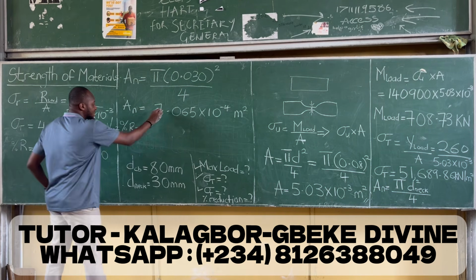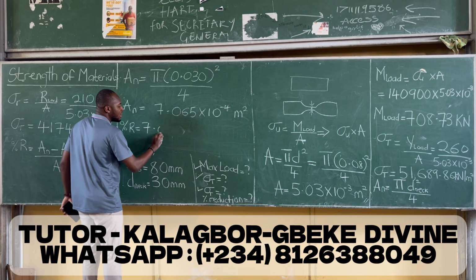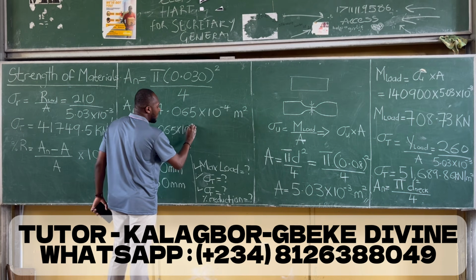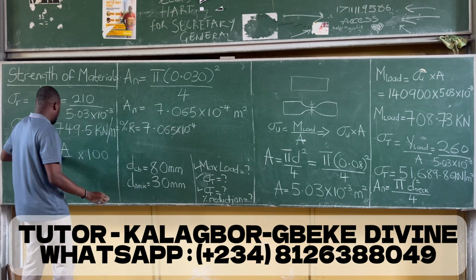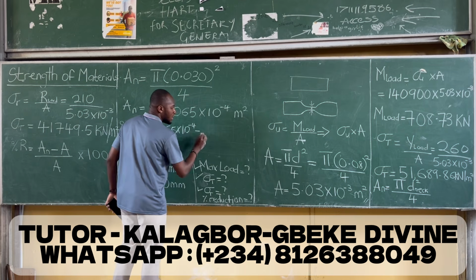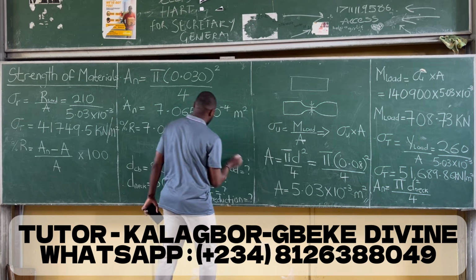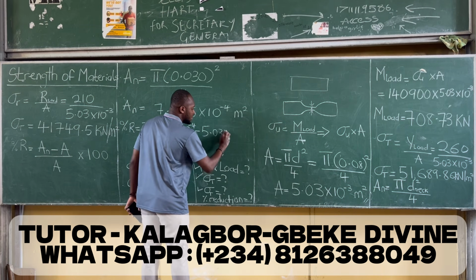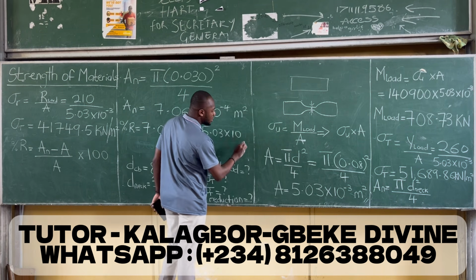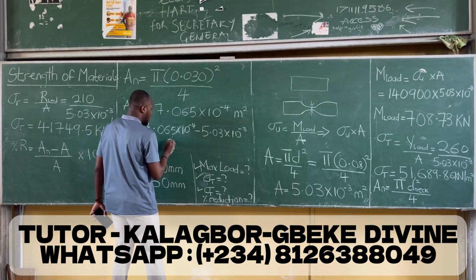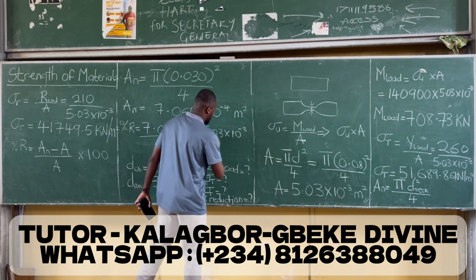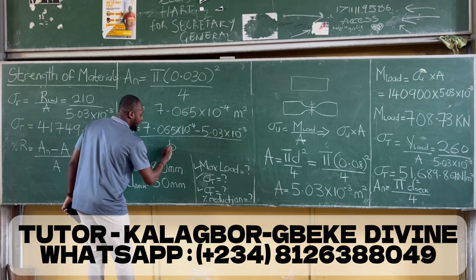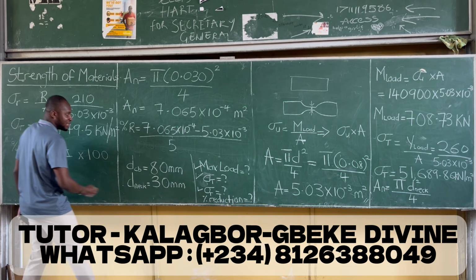Neck area is this, 7.065 times 10 raised to power minus 4, minus the original area, which is this, 5.03 times 10 raised to power minus 3, over the original area, which is this.